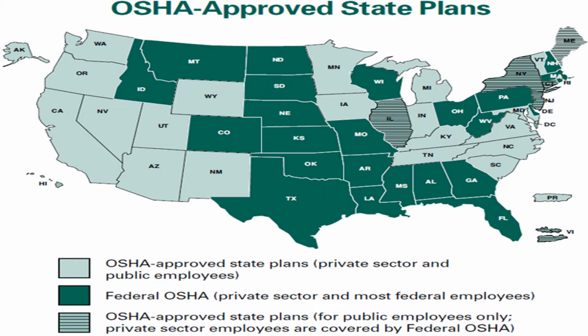Either you have a federal OSHA requirement, which basically is for private sector employees as well as federal employees of those states, but it does not pertain to municipal employees or public employees. All right, so that's shown here in dark green, and you can see it goes right up from Florida all the way up through the center heart of the United States, right down the middle up to Montana and Idaho. So those are federal OSHA states.